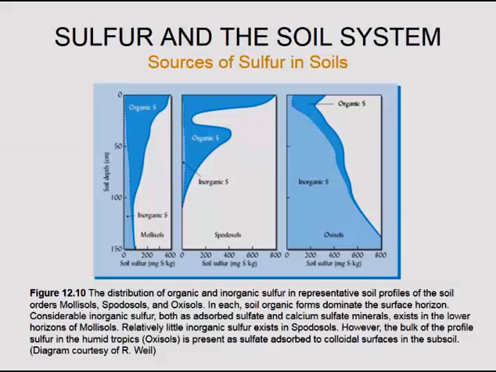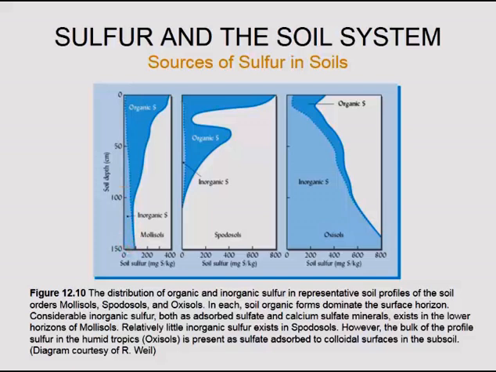This smaller sliver over here is our inorganic sulfur realm. Sulfur, like nitrate, is negatively charged, and so up at the top of the profile we don't tend to have a lot of sulfur because a lot of it is being leached down the profile.